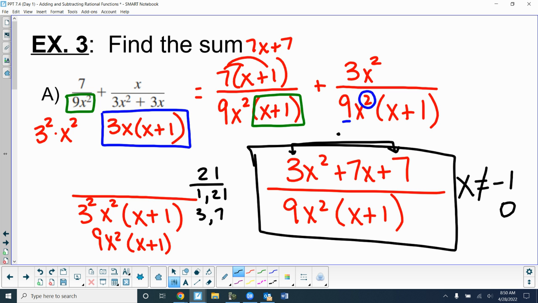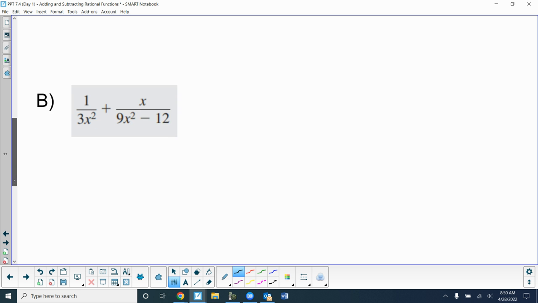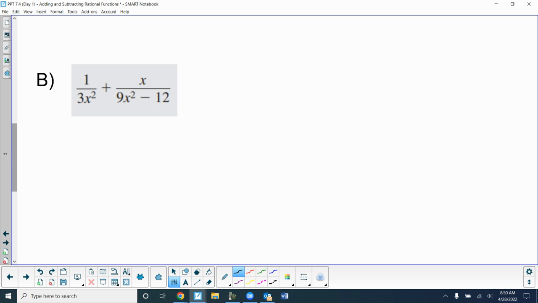All right, let's look at another one. Okay, so can't really factor that. I mean, if you want, you can write 3 times x, but really 3 times x squared is all you can do. Is there a GCF here? 3, right? So then you get 3x squared minus 4.